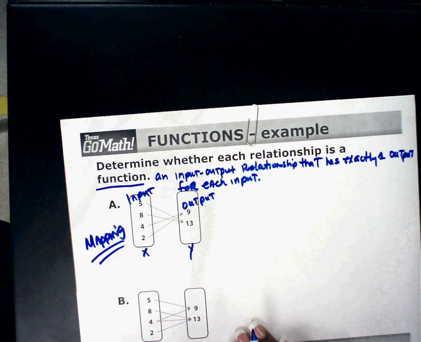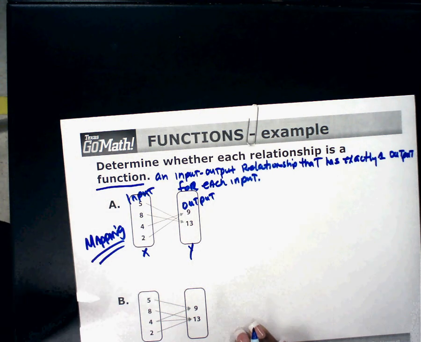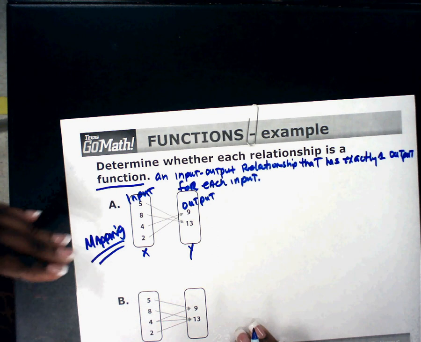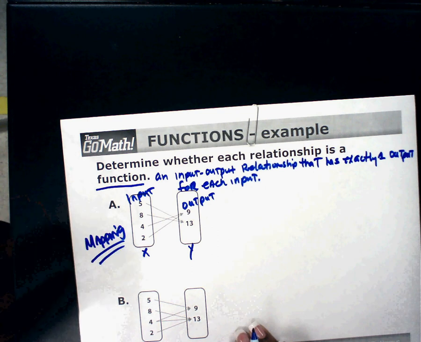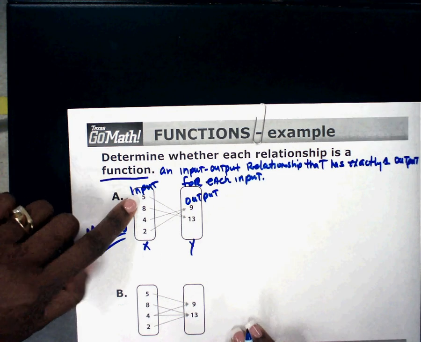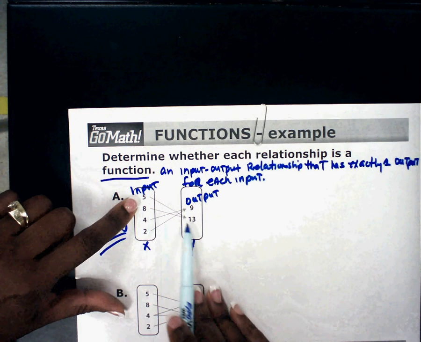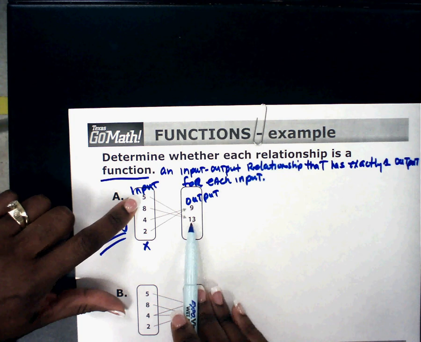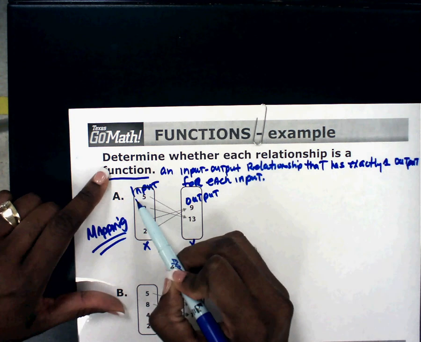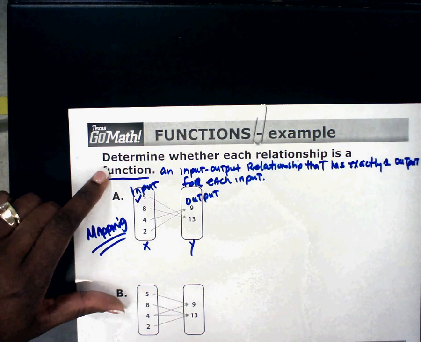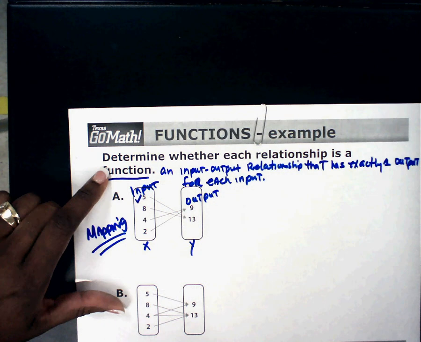So when we look at the definition of a function, let's explore and see if this is a function or not. So if we look at the input of 5, it's only mapped to 13. So it's mapped to only one output, so that's going to work. So let's look at the second one, 8.